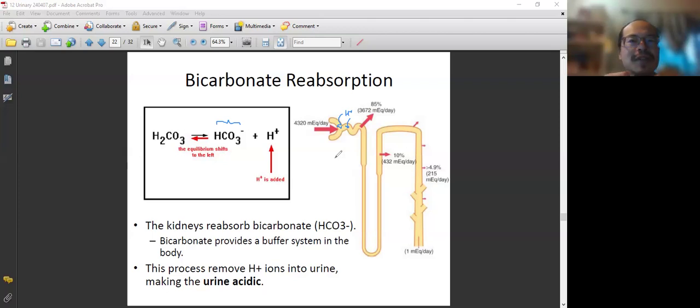The two things you need to memorize are that we reabsorb bicarbonate because it's an important buffer media. At the same time, we secrete hydrogen, and so your urine is acidic. So that's that.